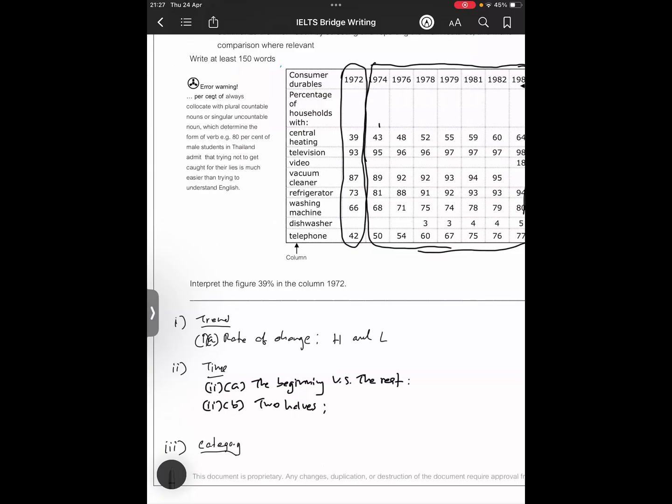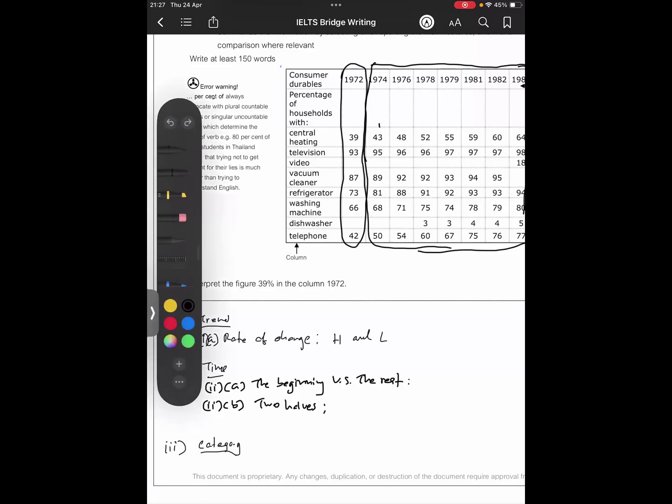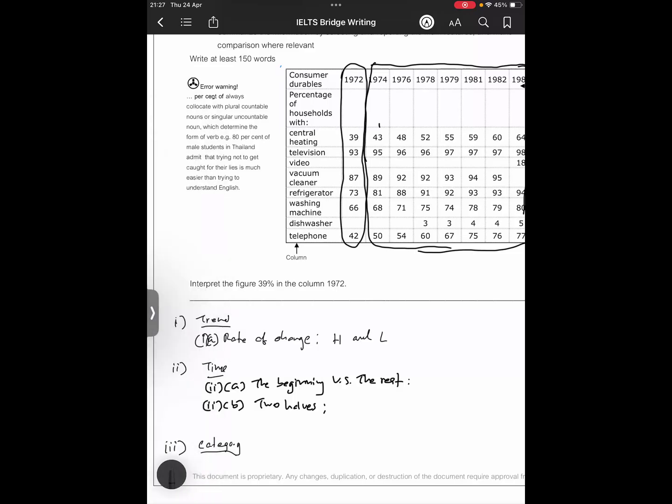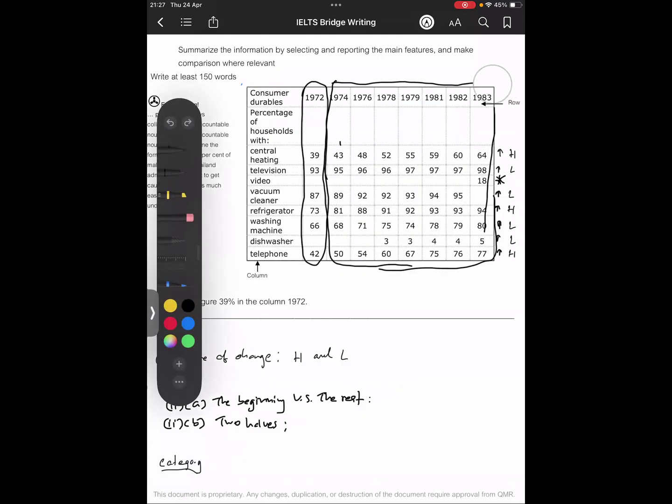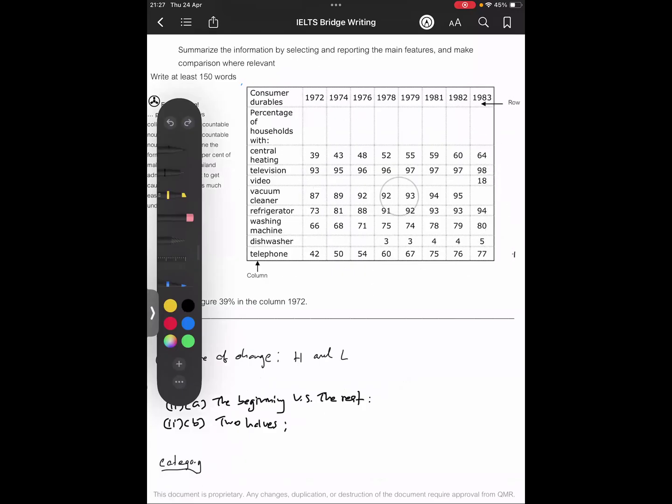Now, let's look at 2.5. So for 2.5, what we do is we're going to divide the period by 2.